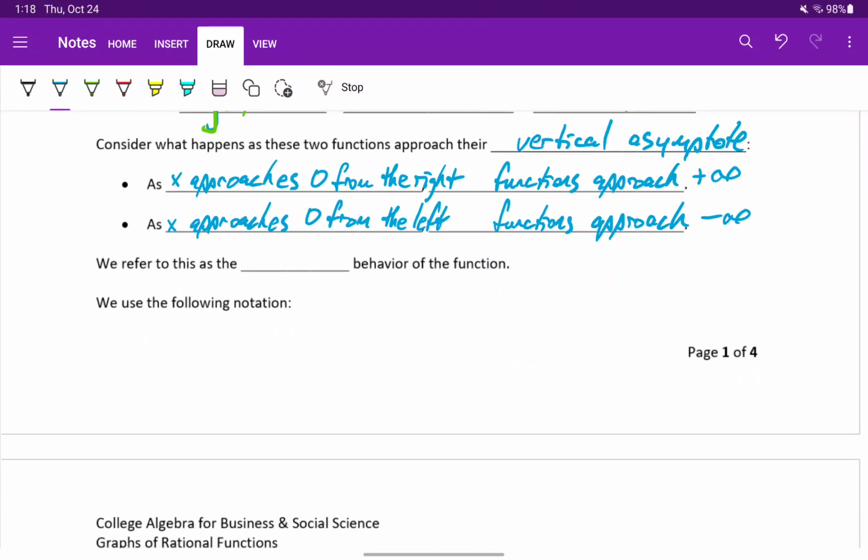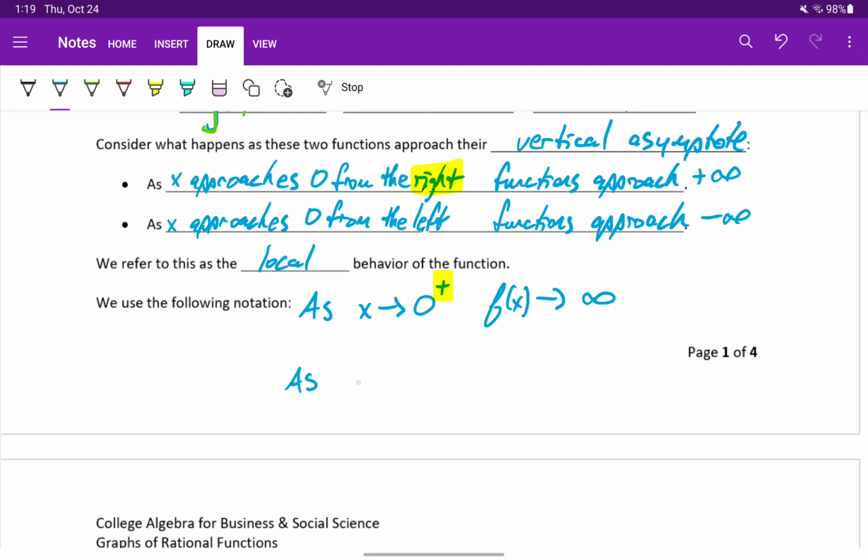We refer to this discussion as the local behavior, or identifying the local behavior of a function. What direction is the curve heading as it approaches that asymptote? And we're going to introduce some notation that we can use to summarize those two bullet points above. We'll say that as x approaches 0 from the right, we'll use this little plus sign that we write sort of like an exponent for the 0 to indicate that we're approaching 0 from the right, our function f of x is approaching positive infinity.